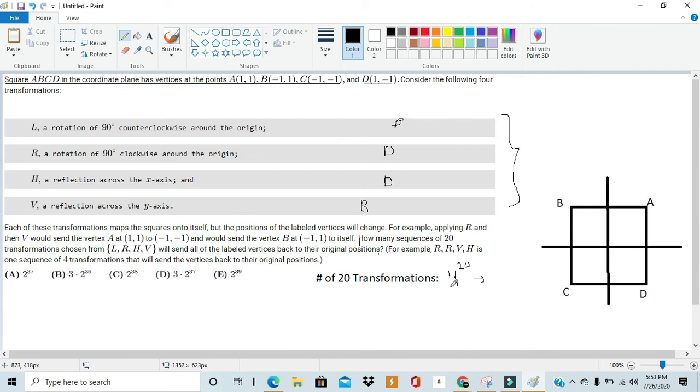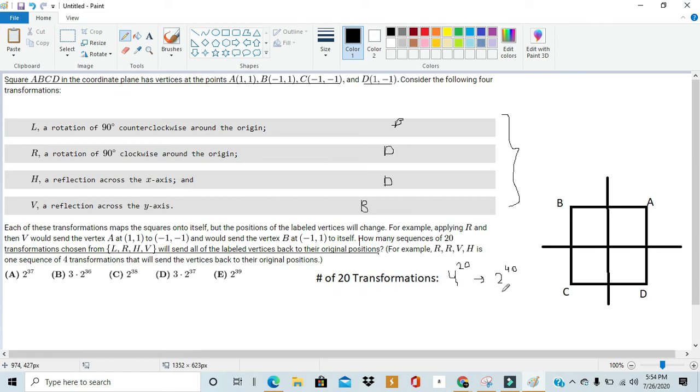Now 4 is just 2 squared. So this is just really 2 squared to the power 20th. And using simple exponent laws, we can do 2 times 20 to get that 4 to the 20 is equal to 2 to the 40. So this is the total number of 20 transformations.